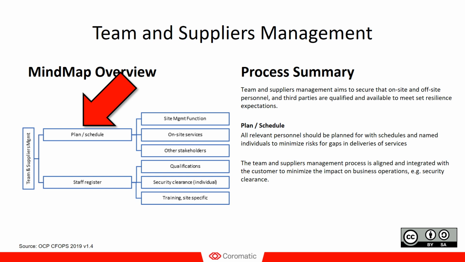And the third one are other stakeholders. These are stakeholders that are critical for the site operations to work well, and it may not always be possible to actually schedule them, but you can plan for them as a site management function. One example is the fire prevention services that typically want to have an annual review of sites to check the regulatory fulfillment.